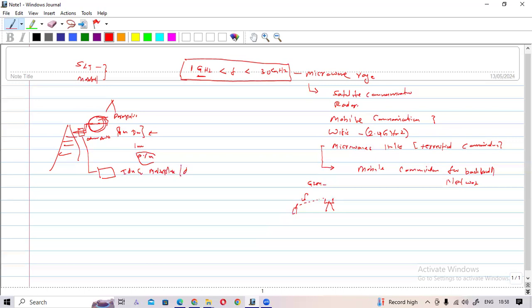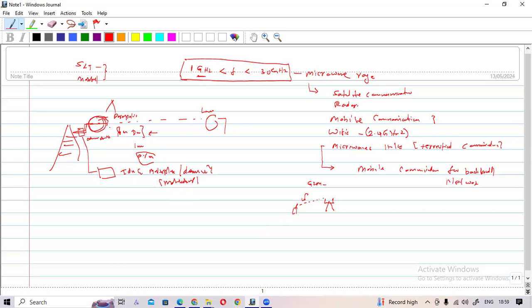It also functions as a modulator and demodulator. So only this setup, and the other side also you have this setup. Then you have to make these two antenna line of sight. Then this link will be okay.